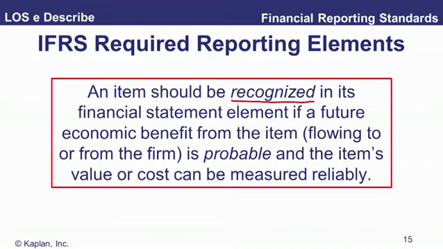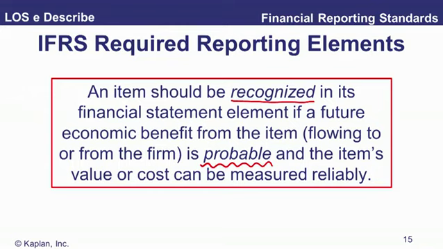If it's a future economic benefit flowing to the firm, then we're talking about an asset. If it's an economic benefit flowing from the firm, we're talking about a liability. So we've got the definition of an asset and a liability in here. And notice when they're talking about the flow of economic benefit, we've got this key word here, it's probable. It is a likely flow of benefit to or from the company.